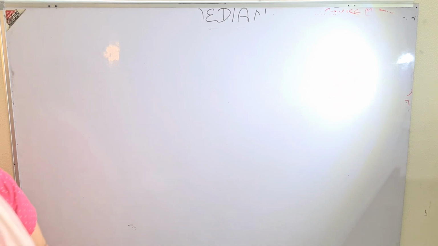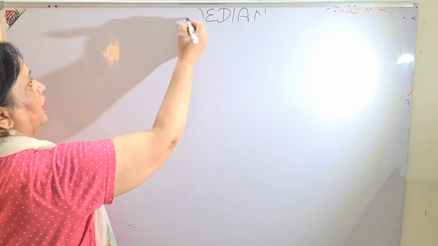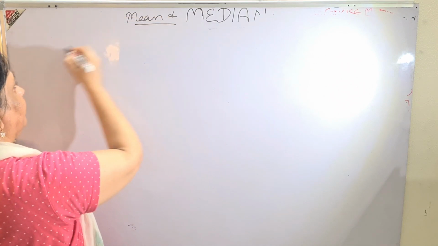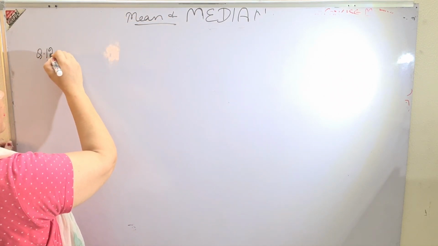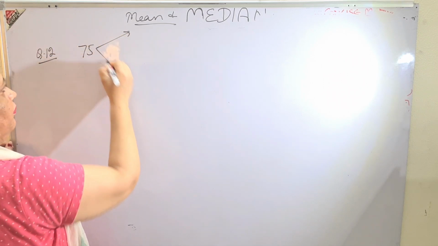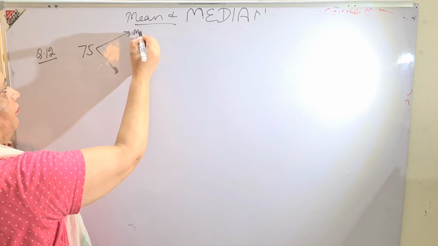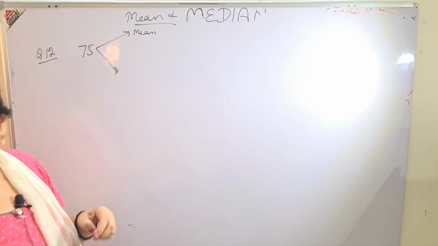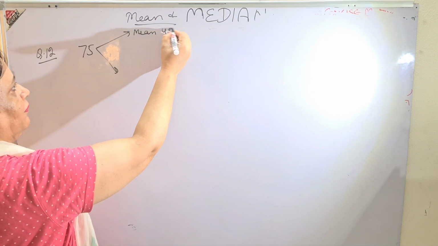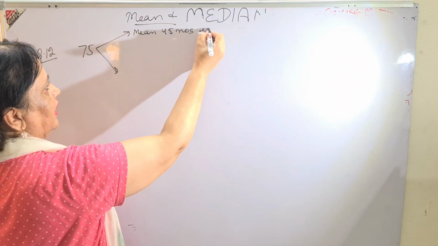Question number 12. 75 numbers, he says, mean of 45 numbers is 18.